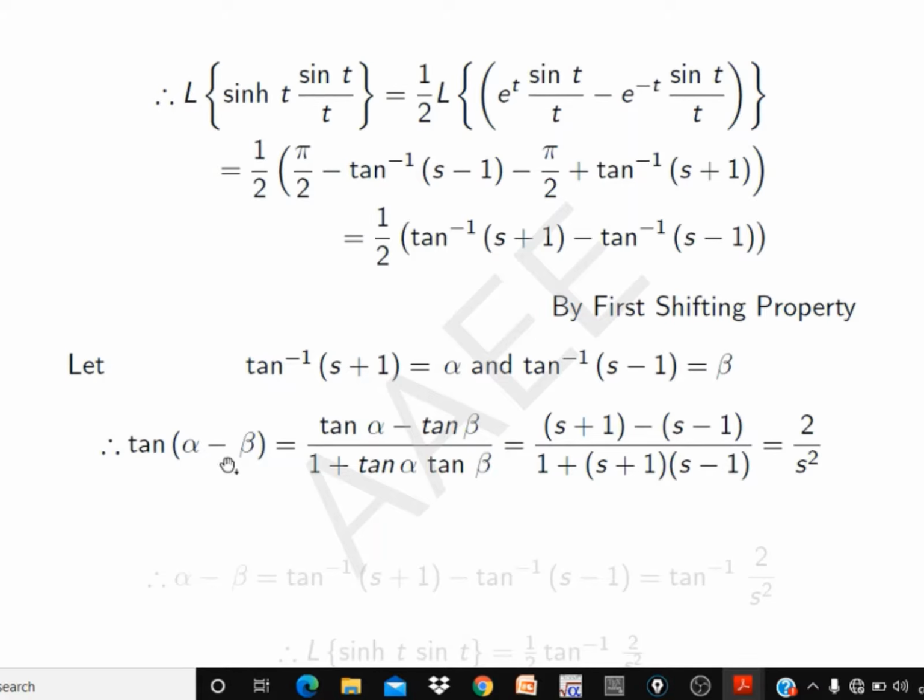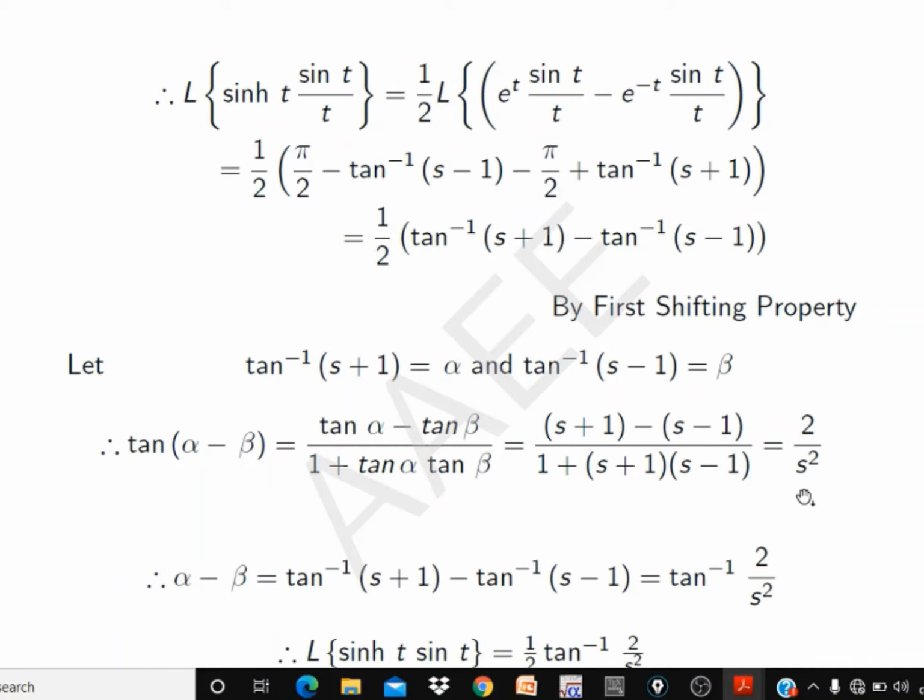So tan of alpha minus beta is equal to tan of alpha minus tan of beta upon 1 plus tan of alpha into tan of beta. Any formula you can use as per your convenience. So tan of alpha is s plus 1, tan of beta is s minus 1, and after solving this one you will get 2 upon s square.